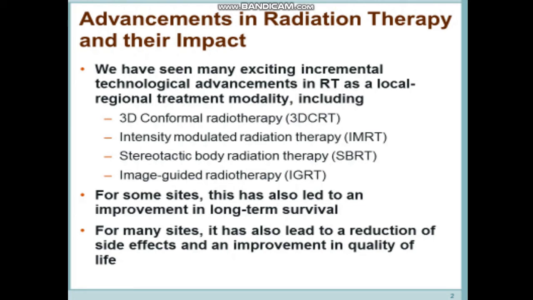The aim is to deliver radiation to the gross tumor volume with a margin for microscopic tumor extension called the clinical target volume, and therefore the imaging uncertainties from organ motion and setup variations called the planning target volume.